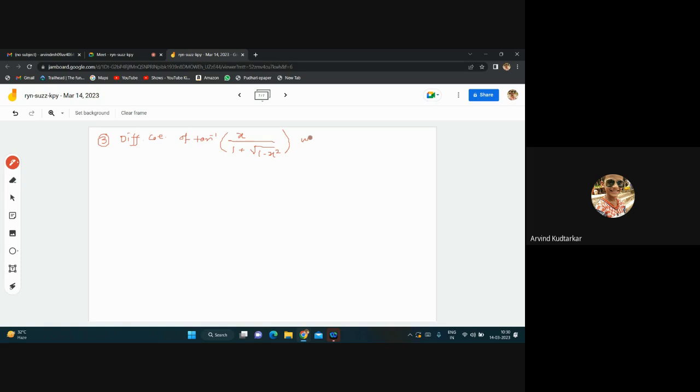So what does it mean? It means differentiating tan inverse of x upon 1 plus root of 1 minus x square with respect to sin inverse of x.